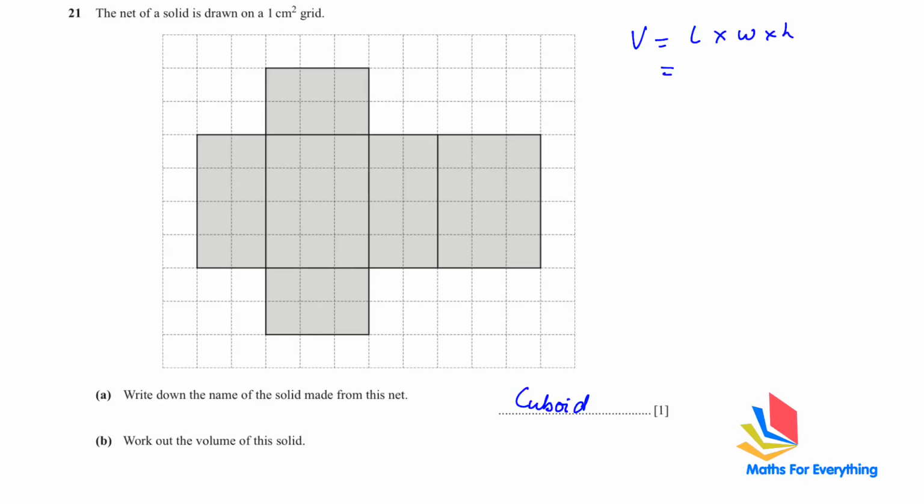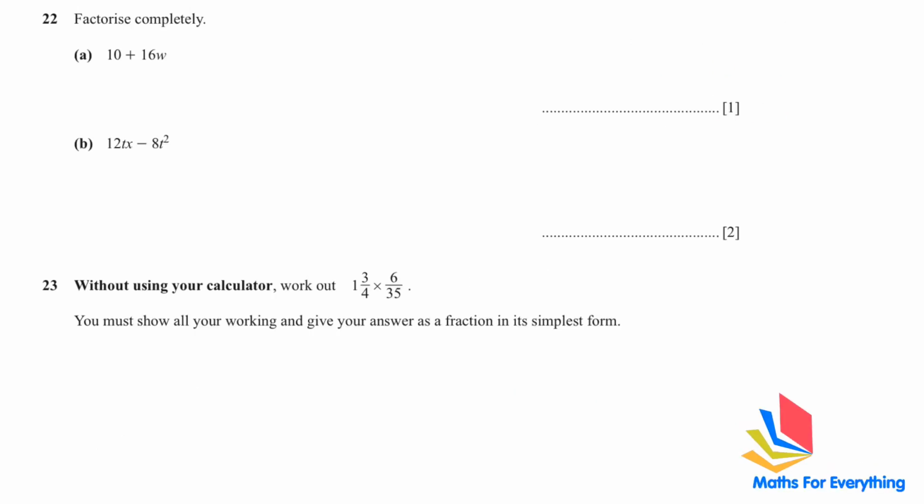Now here, this is our length, which is 4 centimeter, our width, which is 3 centimeter, and the height, which is 2 centimeter. Replacing the values here, 4 times 3 times 2, you will get 24 cubic centimeters. So that's our volume.